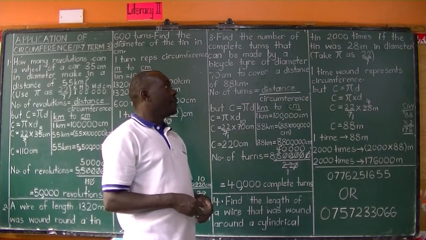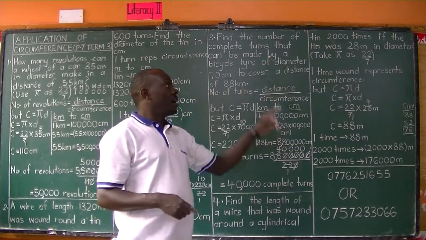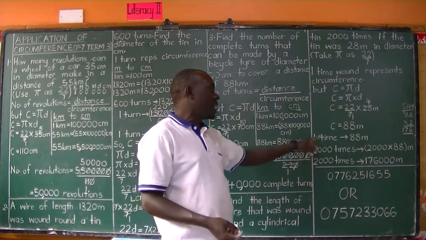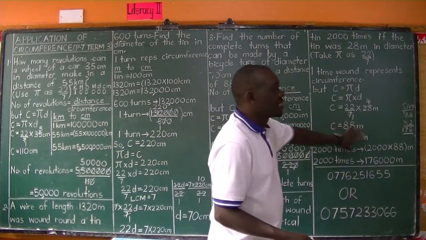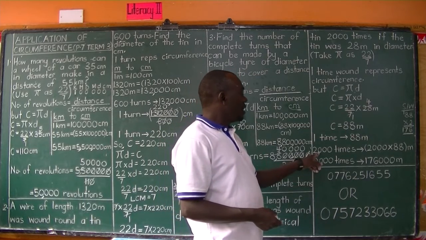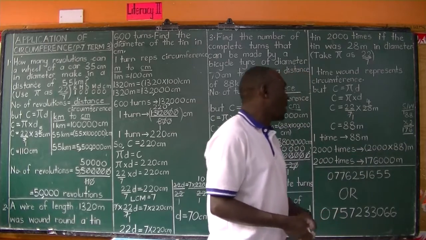But now, how many times was it wound? It was wound around 2,000 times, meaning I'm going to multiply by 88 to get the length of the wire. One time wound takes an 88 meter wire, and about 2,000 times, that's 2,000 times 88 meters.